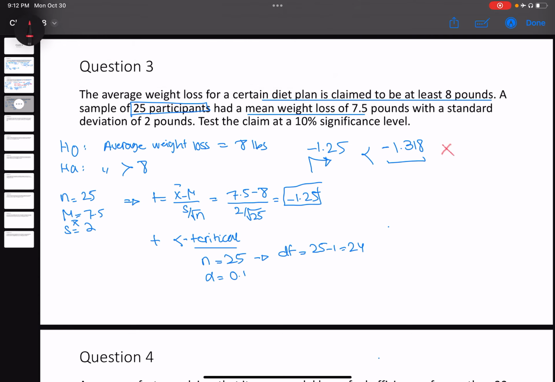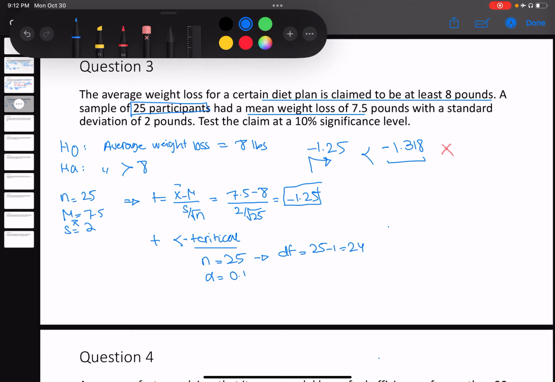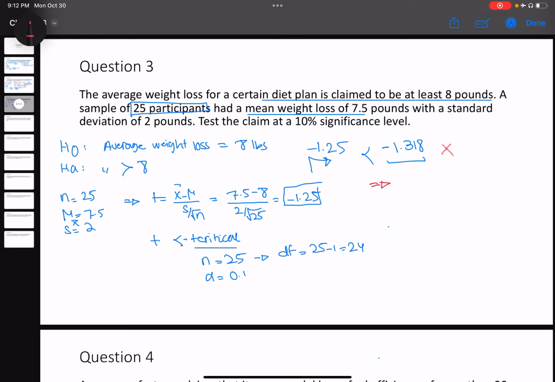No. Therefore, we do not have significant evidence to reject the null hypothesis. Therefore, we fail to reject the null hypothesis. Therefore, we can support the alternative.